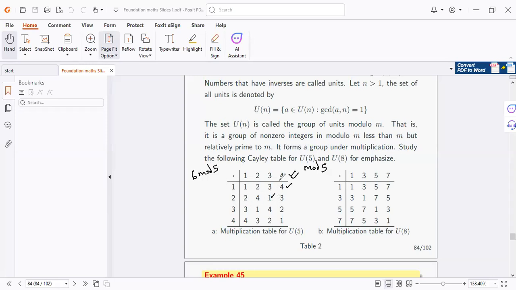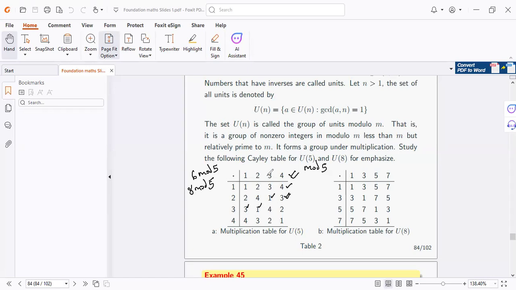And then 2 times 4 is 3, because 2 times 4 is, of course, 8, but we are doing it mod 5. So that gives us 3 as the remainder. So what is inside this table is the remainder. Let's see, 3 times 1 will be 3, and 3 times 2 will be 1, because it was 6, and 6 mod 5 is 1.